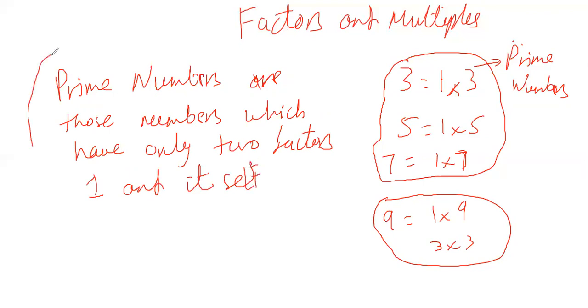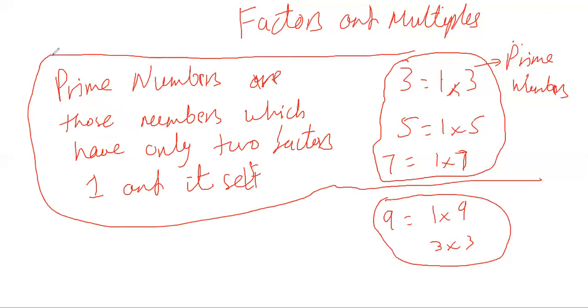And the examples of prime numbers are 3, 5, 7. Everybody write down this definition with examples.